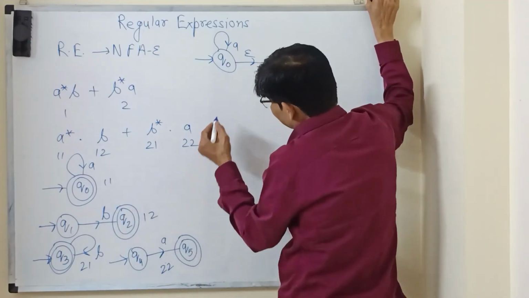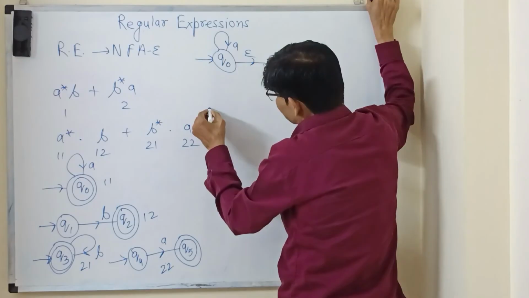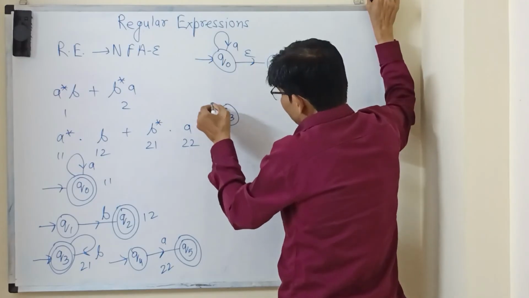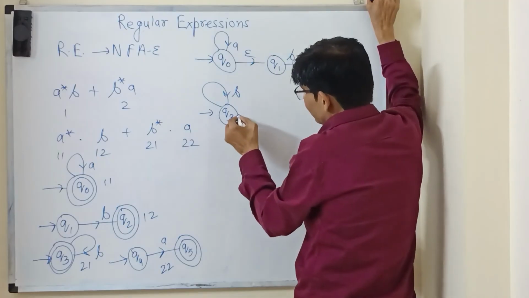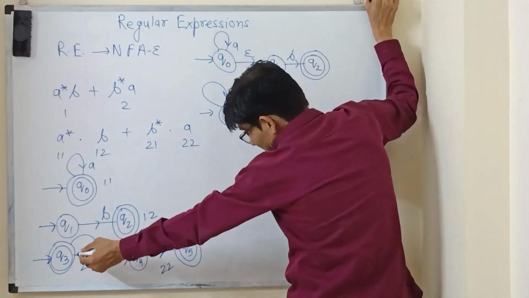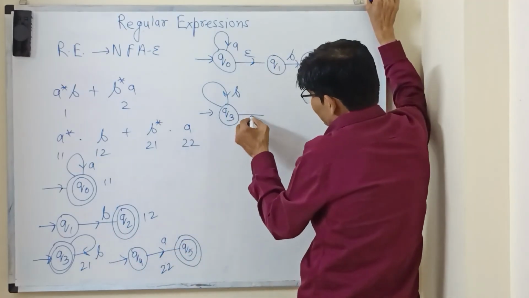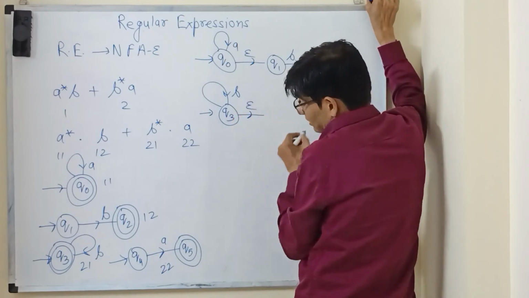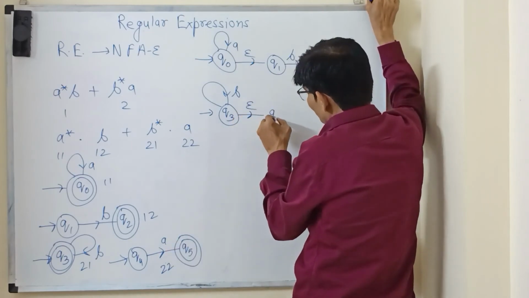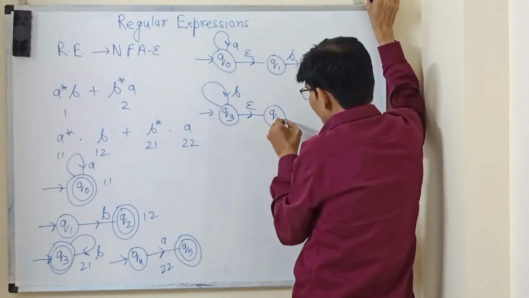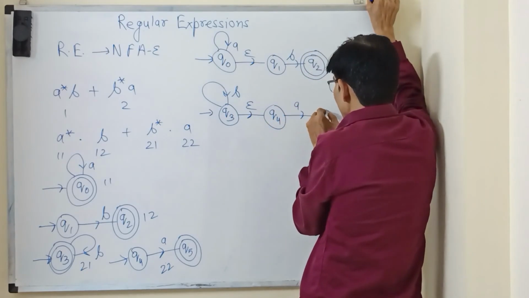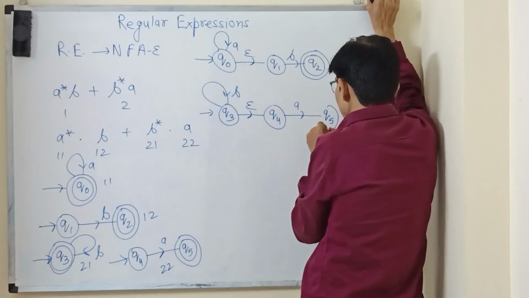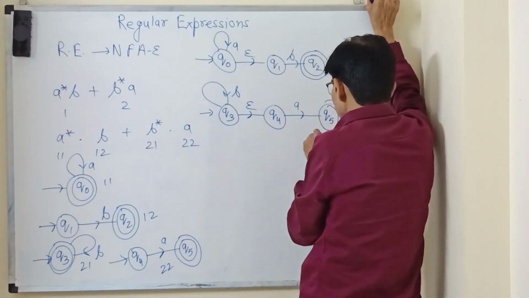So again I can take Q3 as the initial state, and I will have one self loop of B here, and then I will connect this machine with this with the help of epsilon transition, and it will have Q4, and from this Q4 we will have one transition of A, which will move to Q5 finally, and this would be the final state for this.